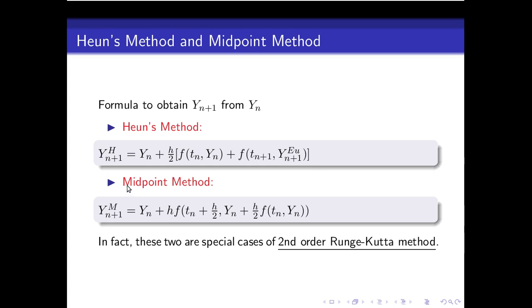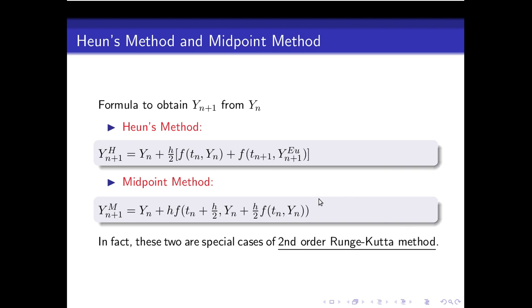And the general formula for the midpoint method is yn plus 1 equals yn plus h into the function where the slope is taken at the midpoint: along t it is tn plus h by 2, and along y it is yn plus h by 2 into f(tn, yn). So just go halfway along the Euler line. This is the formula for the midpoint method.